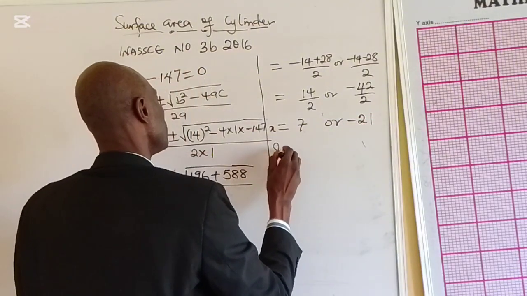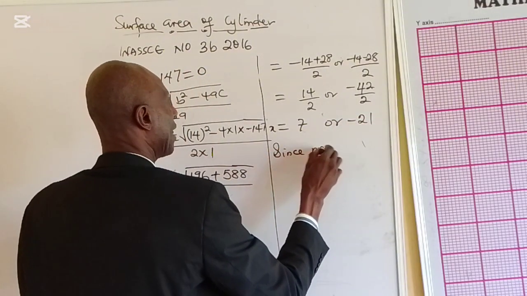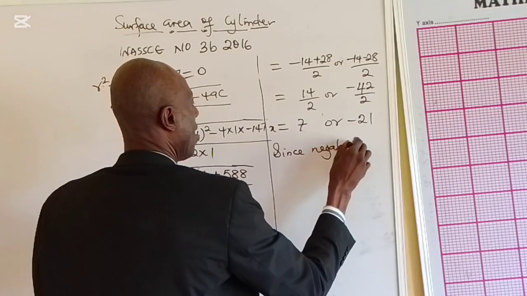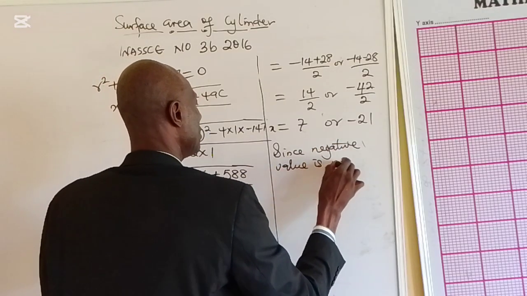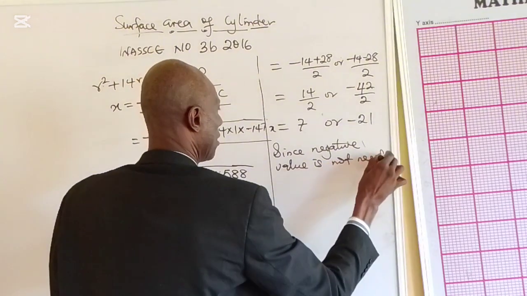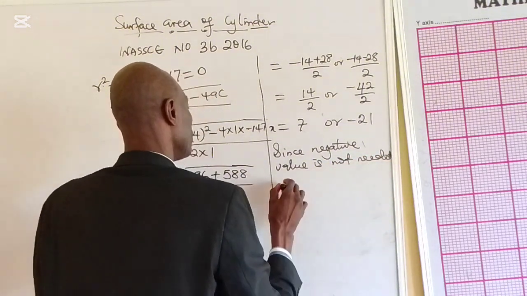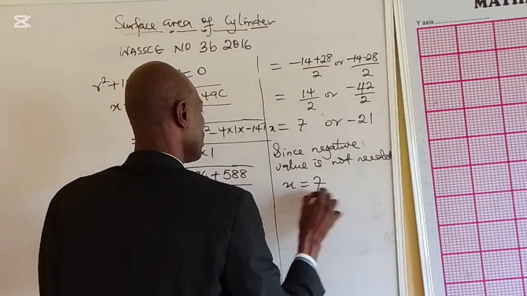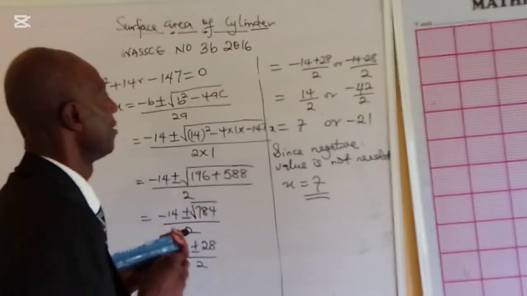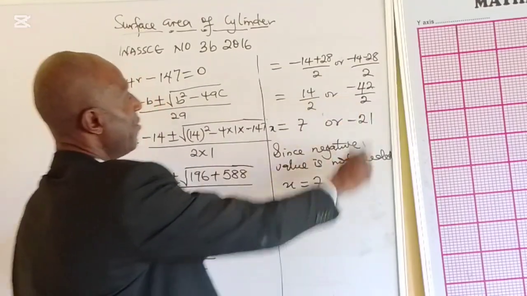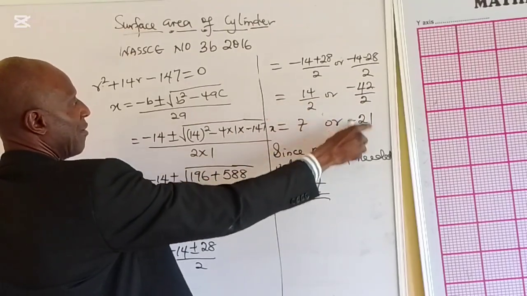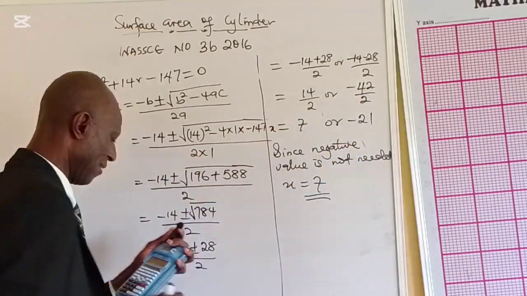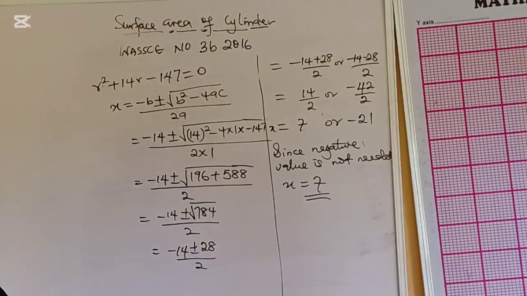But since a negative value is not needed, the value of r is 7. Please, here is minus 42. I made a mistake by calling it 32. So it's minus 42 divided by 2. We don't need the negative value, so our answer is 7.